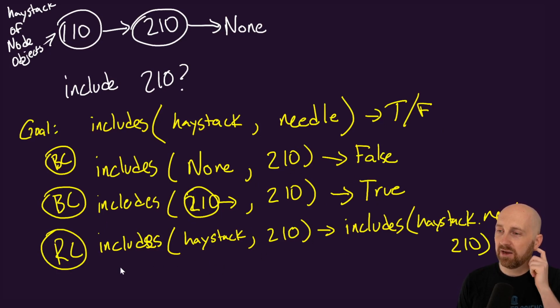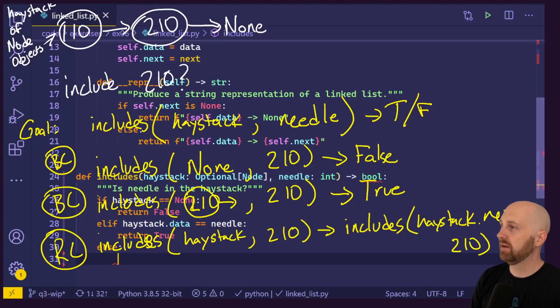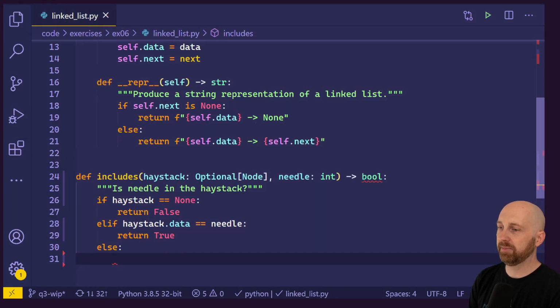And now we're saying in the recursive case, well, we don't know. Let's leave the rest of the problem to the beauty of recursion to figure it out and process the rest of the list recursively by applying the same process recursively. All right, so let's try and express that in a little bit of Python code.